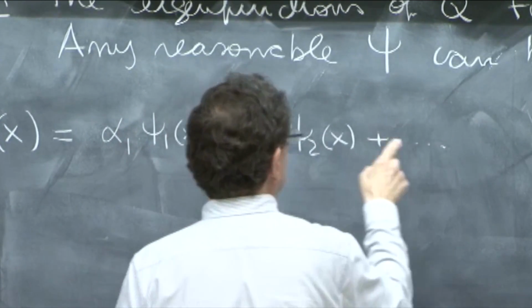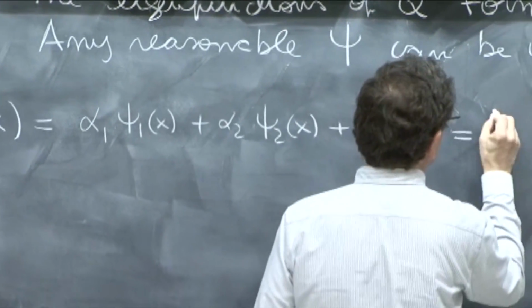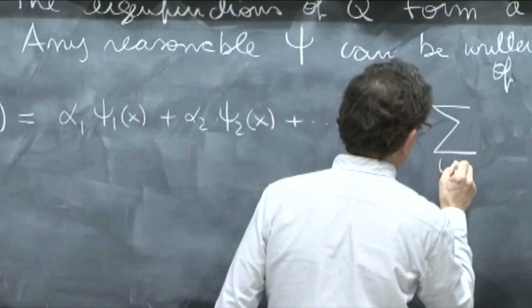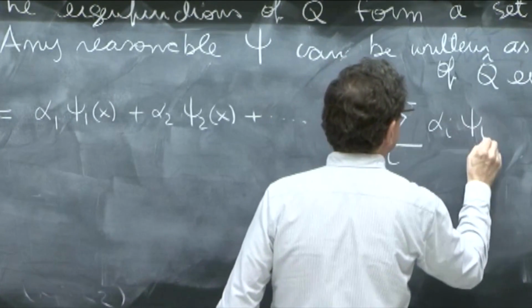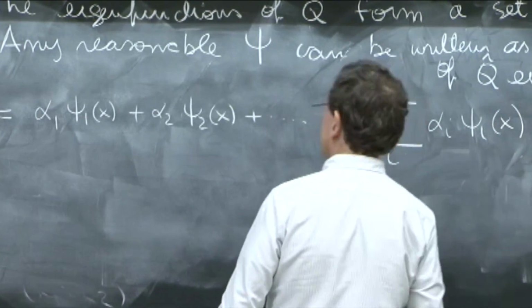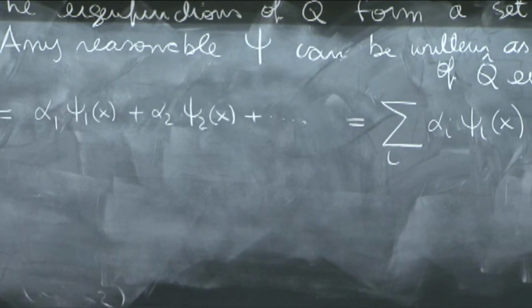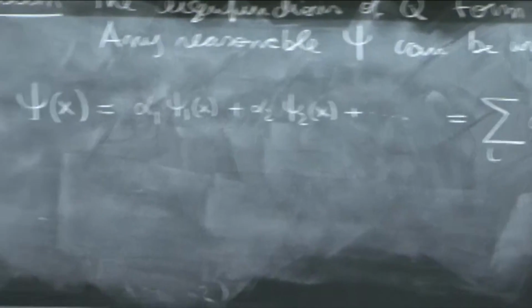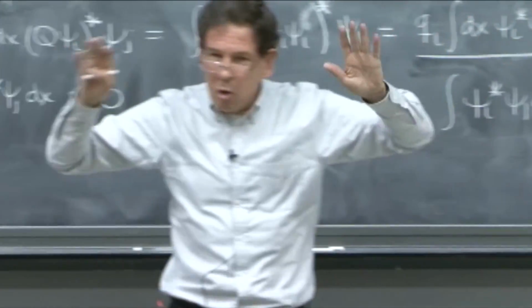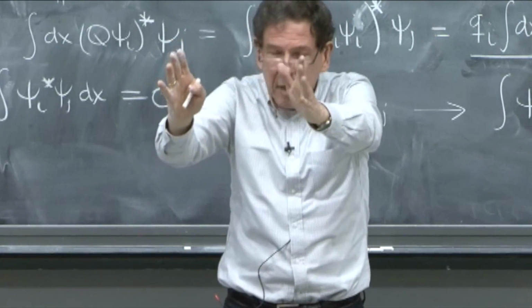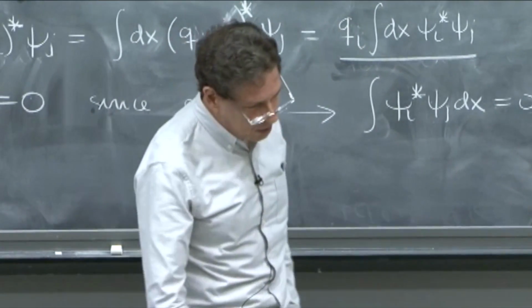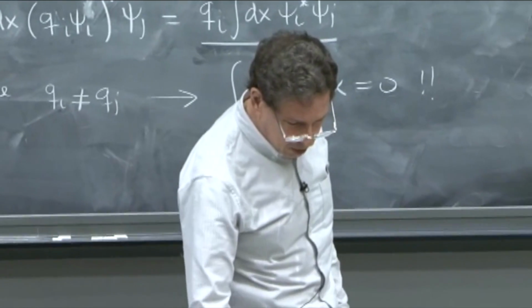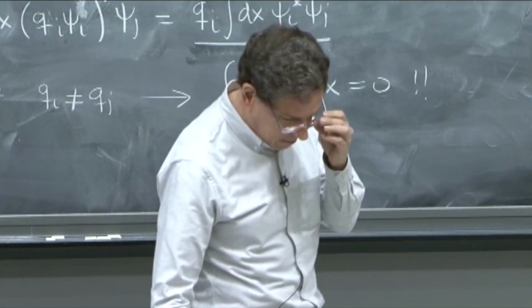Those are the expansion coefficients, the alphas. In summary, we say the sum over i of alpha i psi i of x. So any wave function you have, you can write as a superposition of those eigenfunctions of the Hermitian operator.